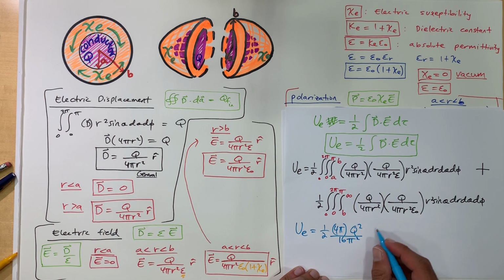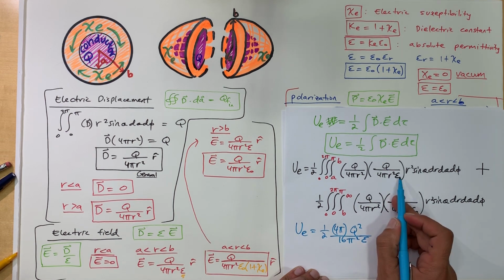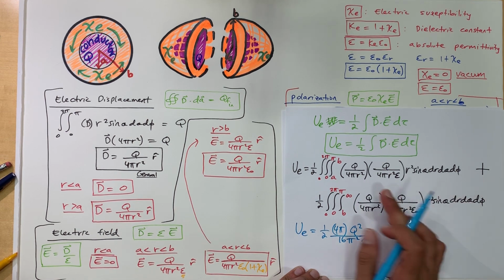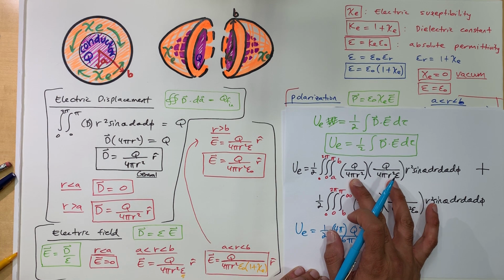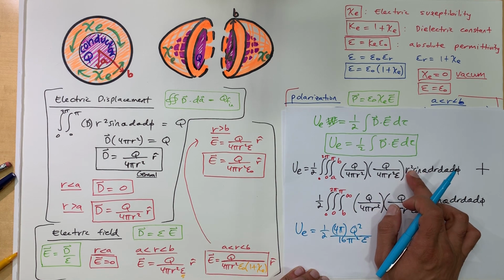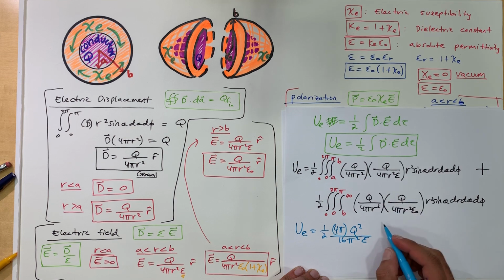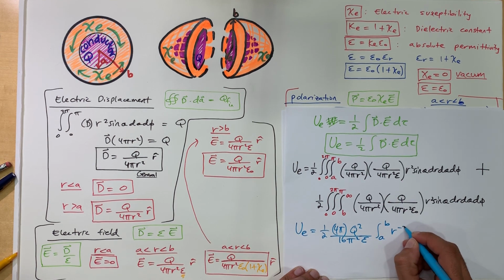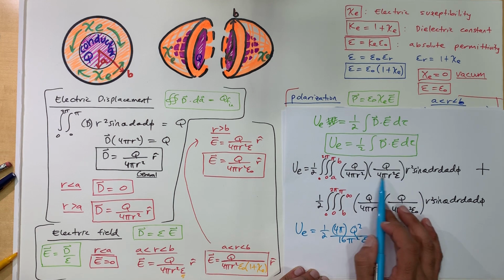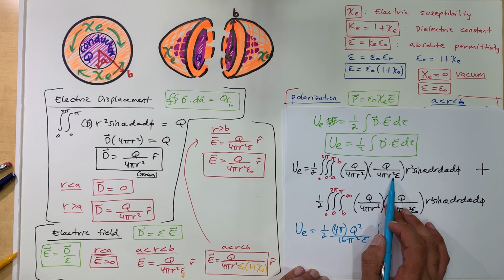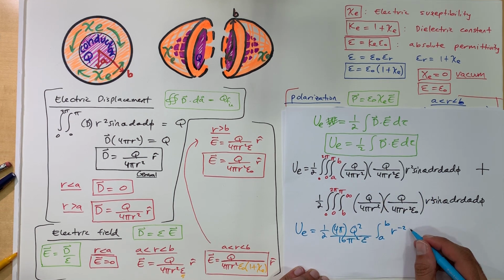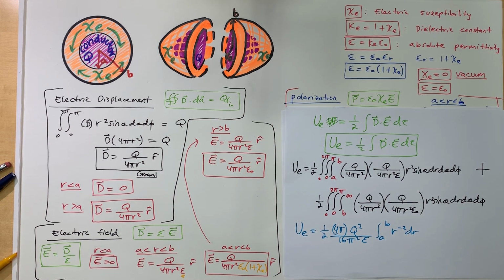And then I have epsilon, and this is r to the 4th, but we have an r squared on top, so we stay with the integral from a to b of r to the -2, because there remains an r squared on the bottom, and dr. Okay, so that one is simplified.